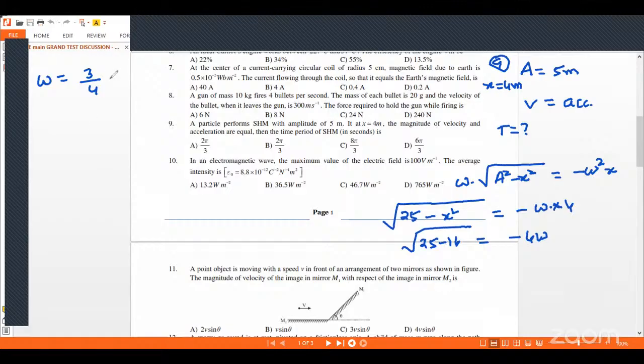That is nothing but 2 pi by T. So time period equal to 8 pi by 3 seconds. So it is option C. Okay? Is it fine?